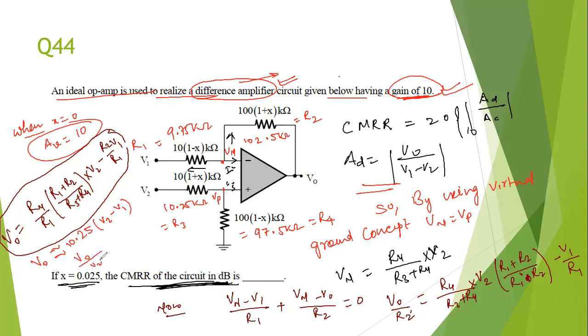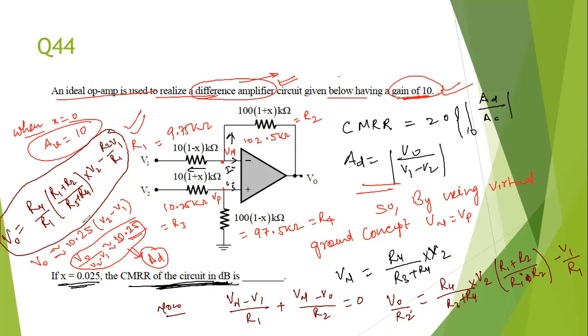So V0 by V2 minus V1 is approximately 10.25. So the differential mode gain AD is approximately 10.25. Just put all these values in this equation and you will get this approximate value. Got it?